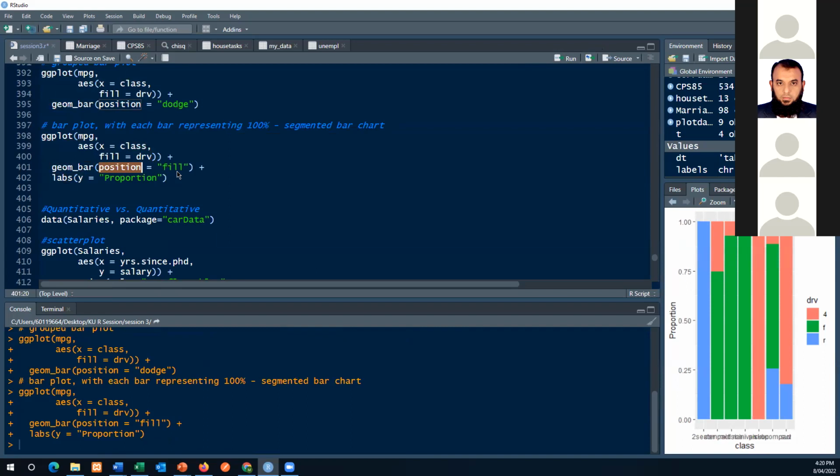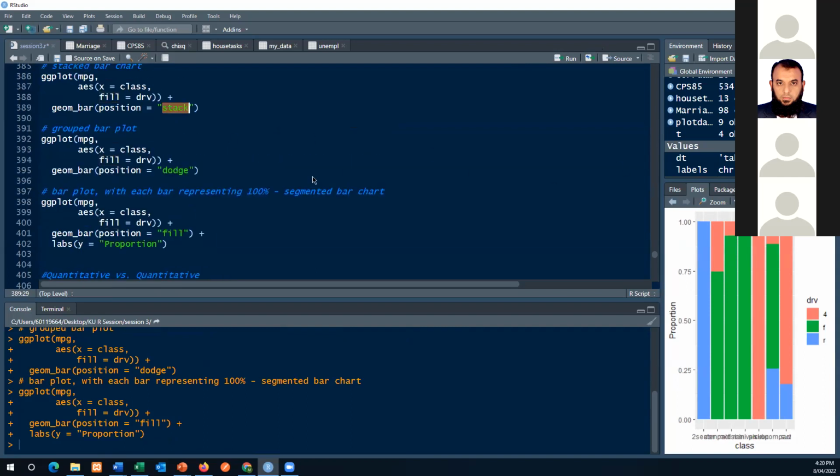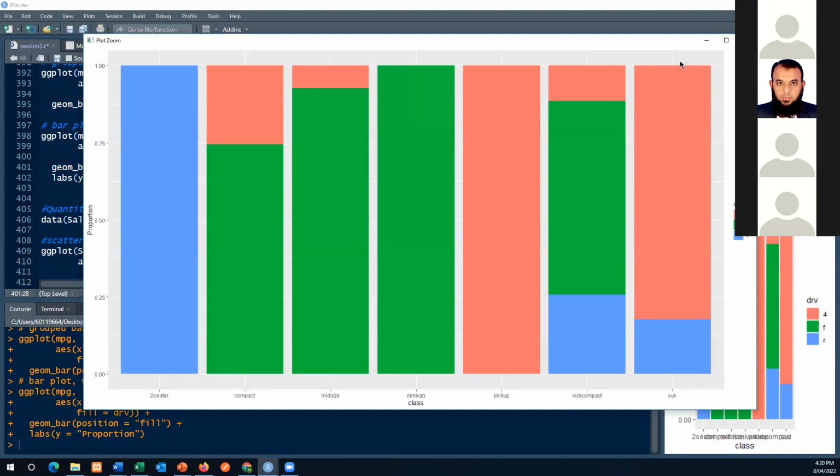You can see we have three options: stack, dodge, and fill. If you use fill, it will give you a strip bar. If there are three components making up a whole, the x-axis is the category and this is y. You can see the proportion of each individual drive.